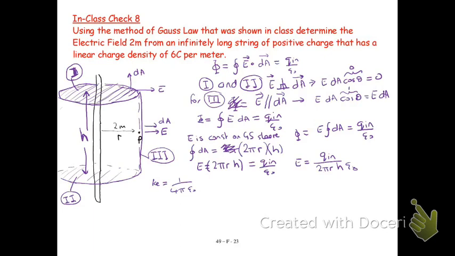I always have trouble with this bit, and what I've learned to do is I say epsilon naught is equal to 1 over 4 pi KE. So E is equal to Q inside over 2 pi r h, and then I'm going to put 4 pi KE.